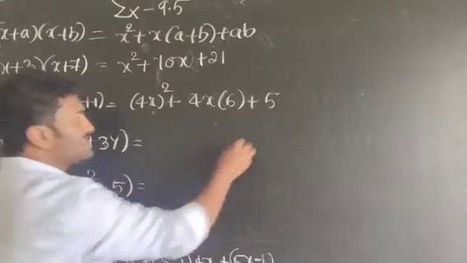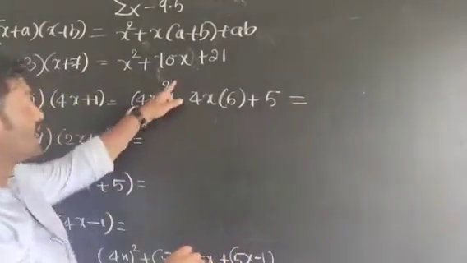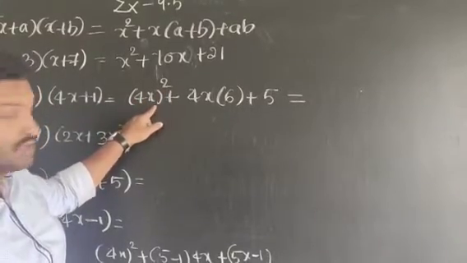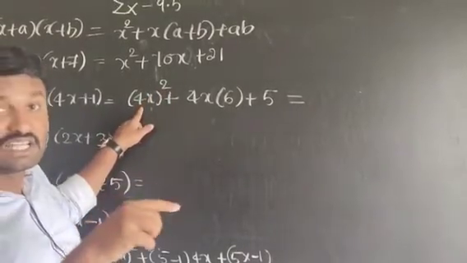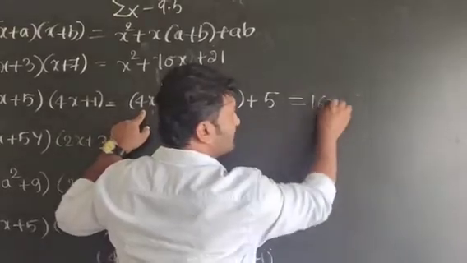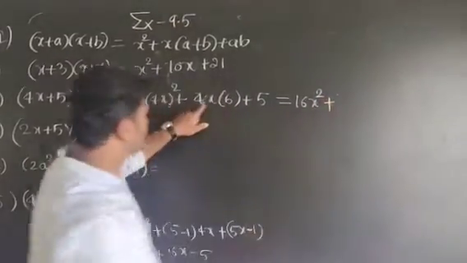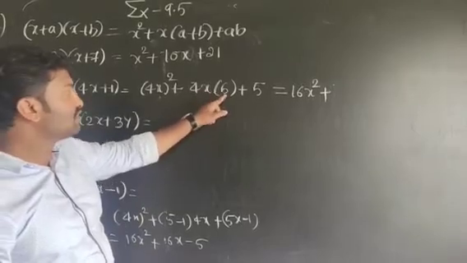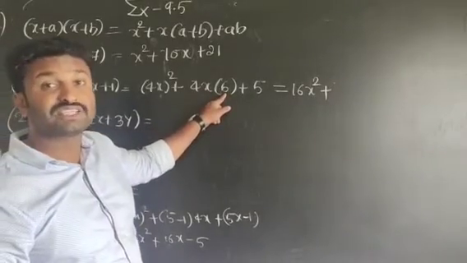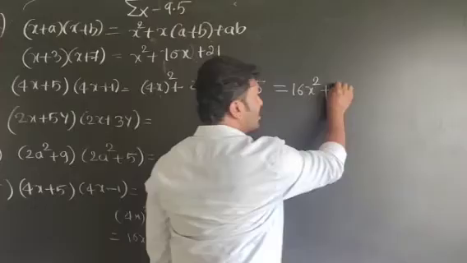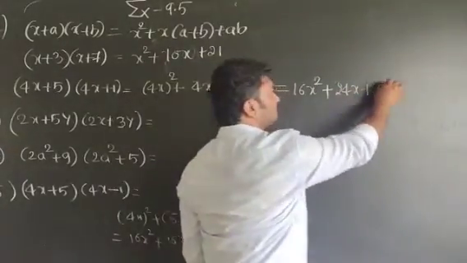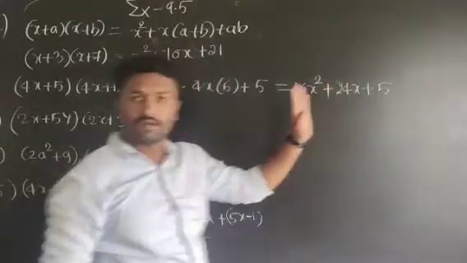This can be written as 4x whole square; apply the square for both 4 and x. 4 square is 16, 16x square plus 4x into 6. 4 6s are 24, 24x plus 5. This is the answer.